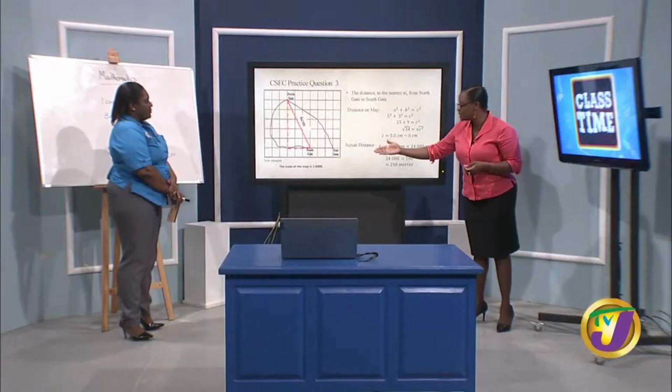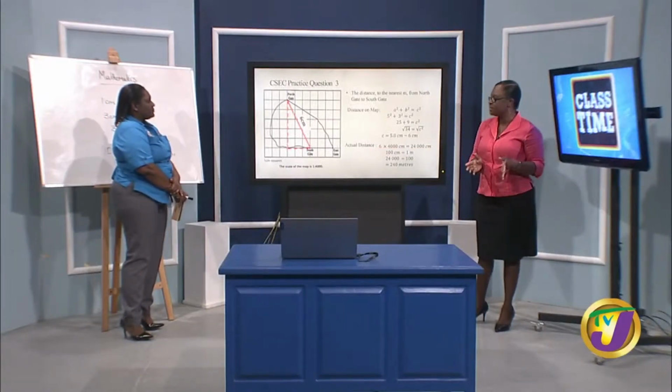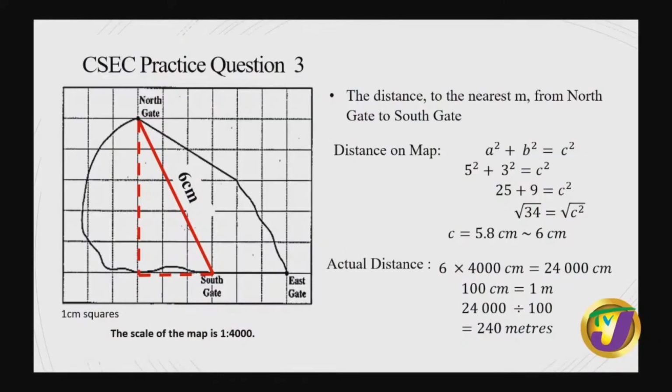Just as we would have done before, we know what the scale says: for every 1 centimeter, we have 4,000 centimeters on the scale. We do that computation. So it is 6 multiplied, 6 representing the distance, by the 4,000 centimeters, which would give us 24,000 centimeters, and we need to convert this now to meters.